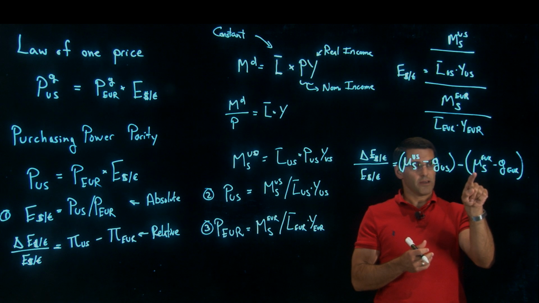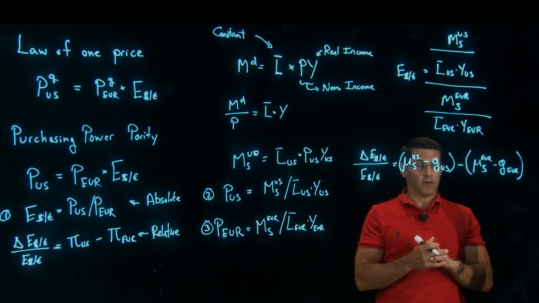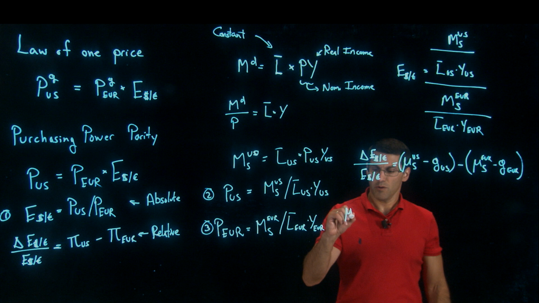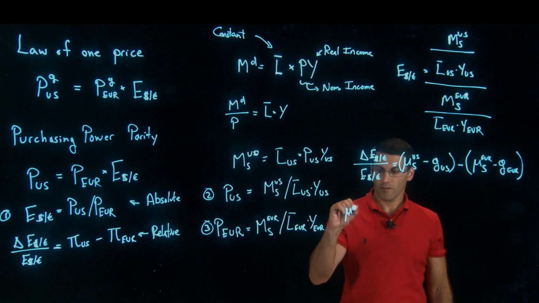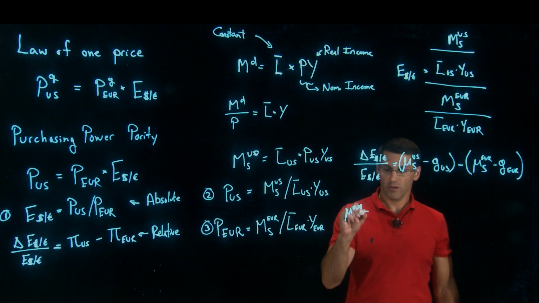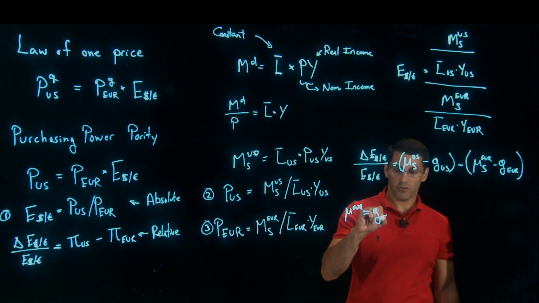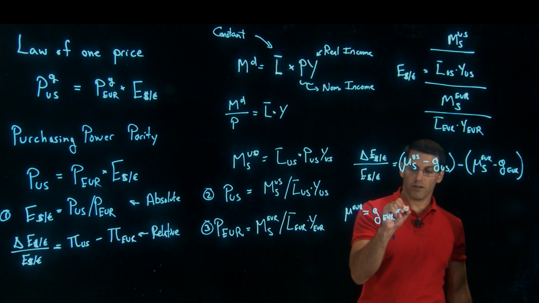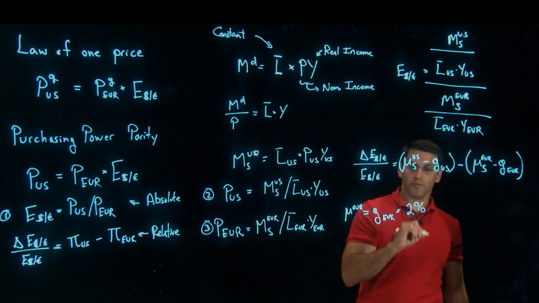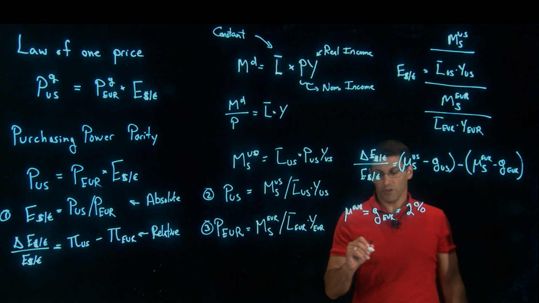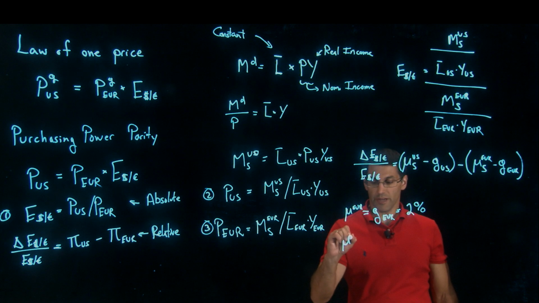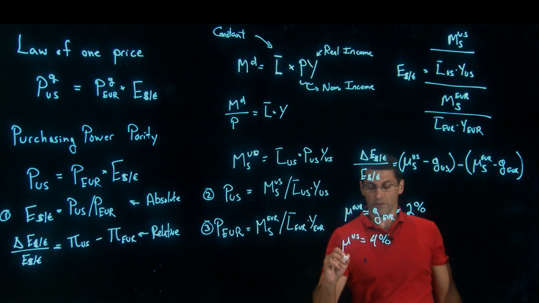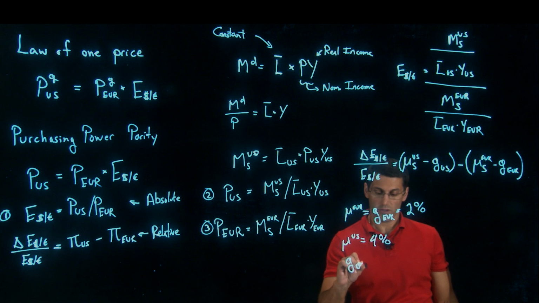So let's say the money supply in the Eurozone has the same rate of growth as GDP in the Eurozone. Let's say they're both growing at 2%, while on the other hand, money supply in the US is growing at 4% and the economy in real terms is growing at 3%.